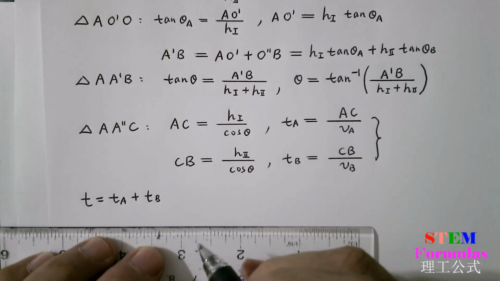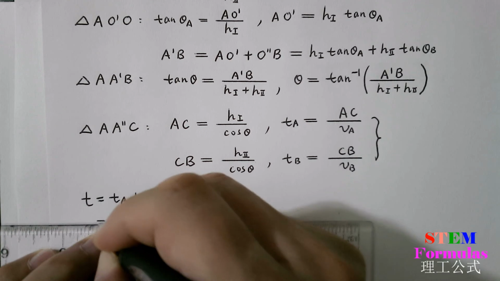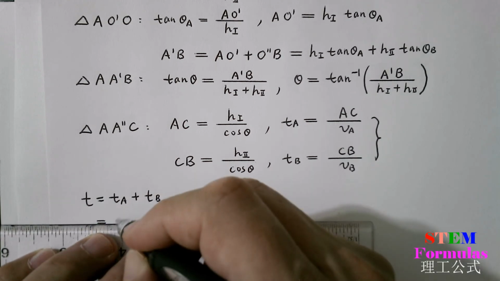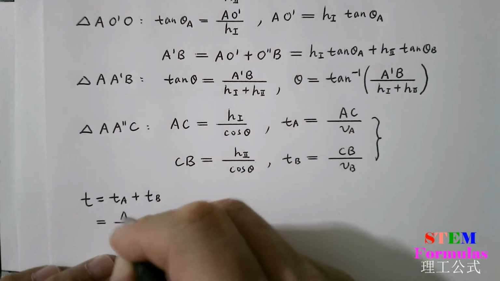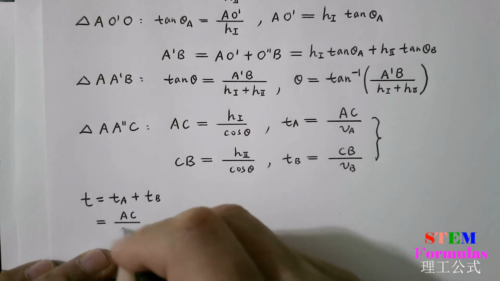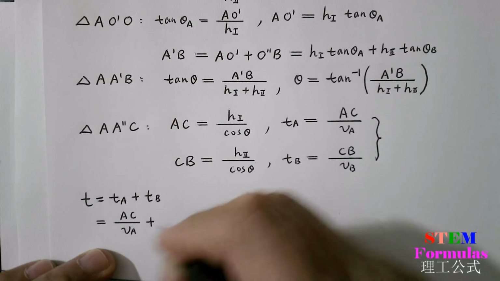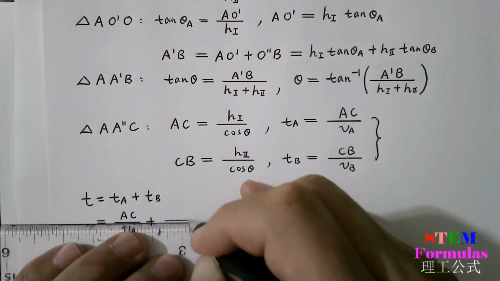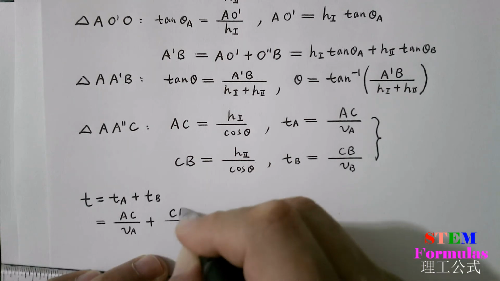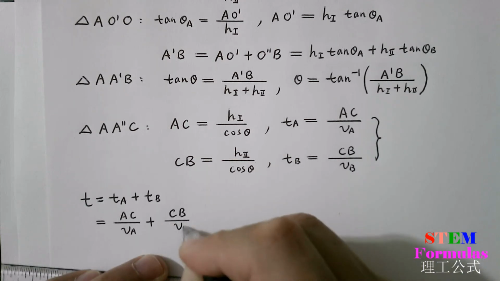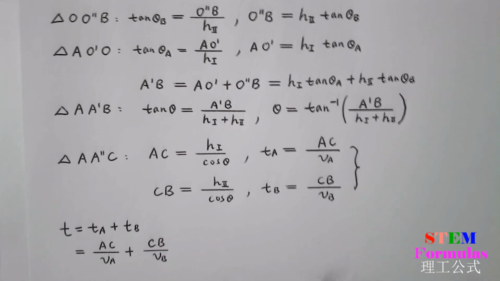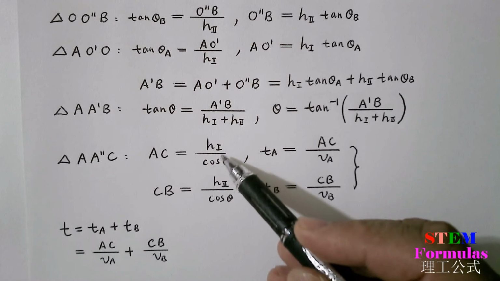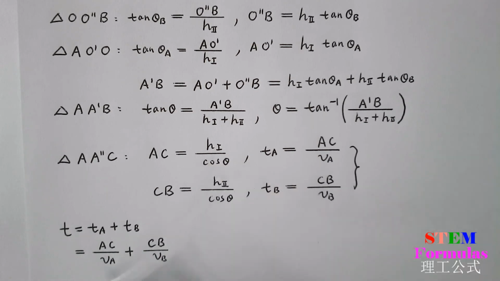So equal TA equal AC divided by VA plus TB equal CB divided by VB. Then I substitute AC to here and CB to here.